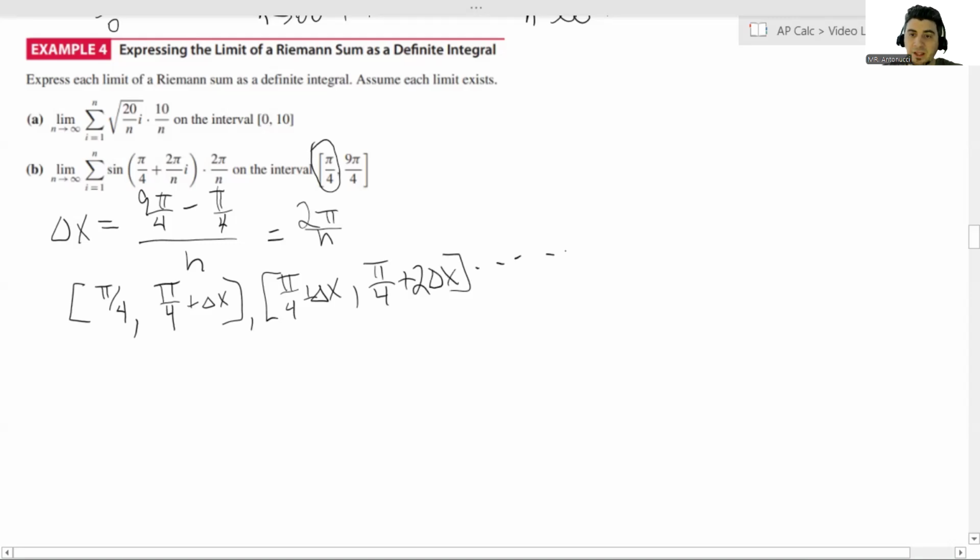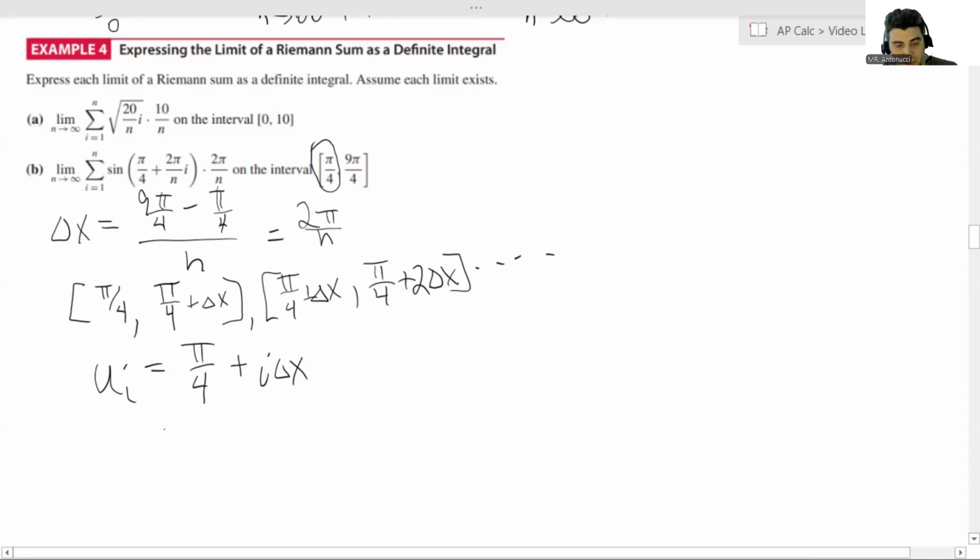And that helps us see that x_i has got to be pi over 4 plus i delta x. It just helps us see the pattern.